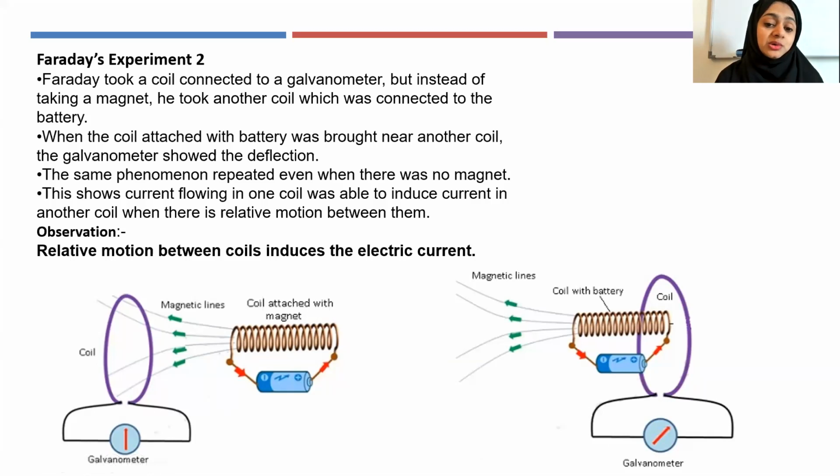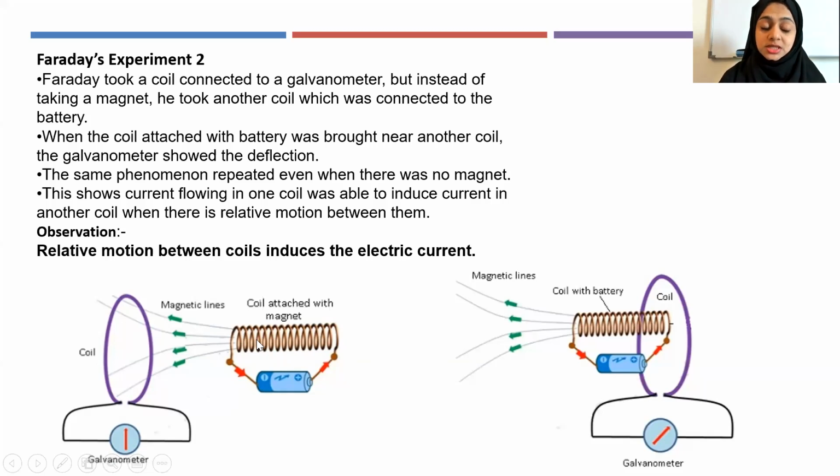Is this clear to you? Teacher, I didn't understand the last point, the relative motion one. If there is relative motion between coils, it induces the electric current because one of the coils is connected to a battery, so this will act as a bar magnet.